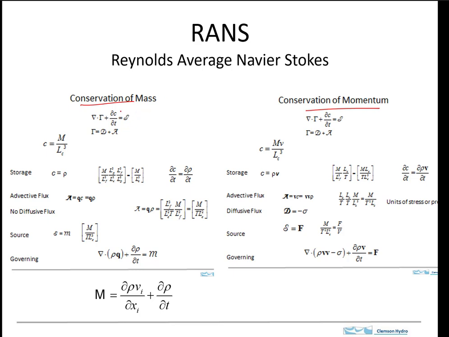This is a summary of some work that we've done earlier, where we have just the basic conservation equations. We go through the development and we end up with conservation of mass right here. Similarly, we start with conservation equations for momentum, and we get the basic conservation of momentum equation here. And so that's the starting point.